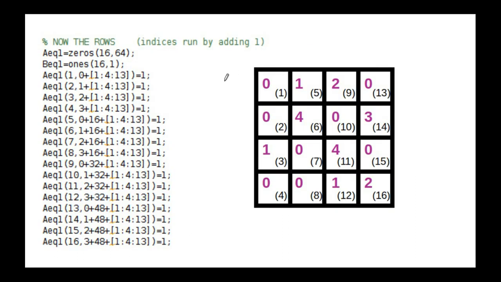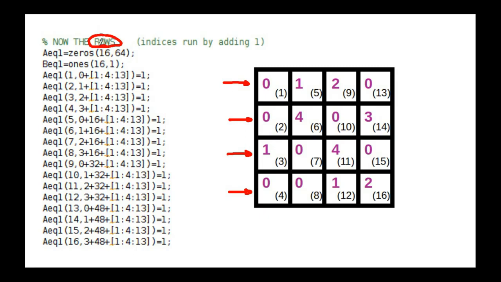Let's go now for the second set of equality constraints. They deal with the rows. I want a single number 1 in this row. The same goes for the second row, for the third, and for the fourth. And then I repeat this operation for numbers 2, 3, and 4.